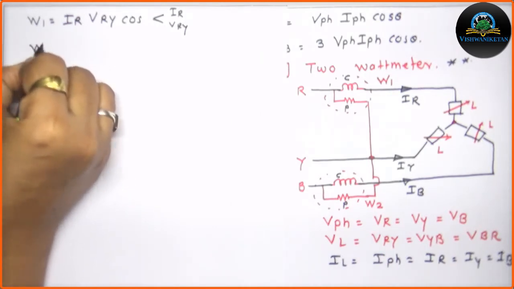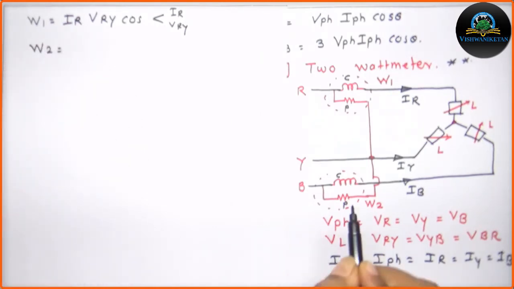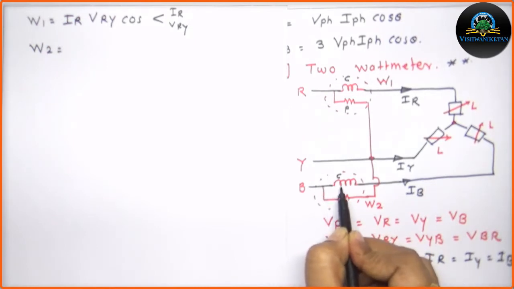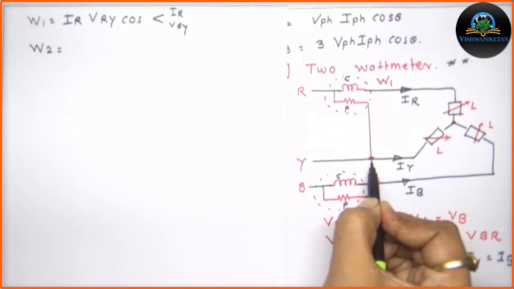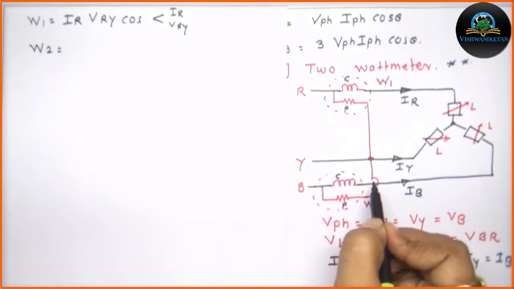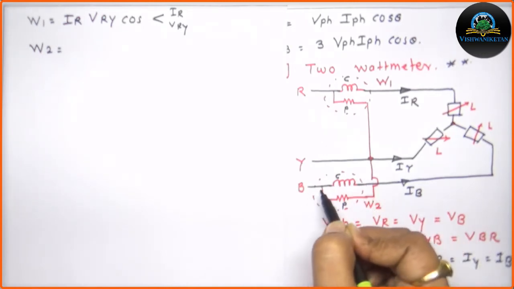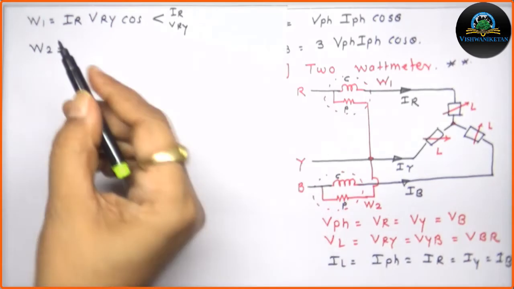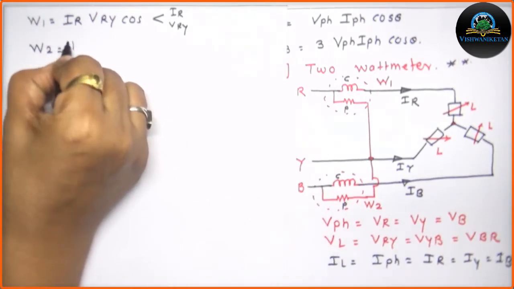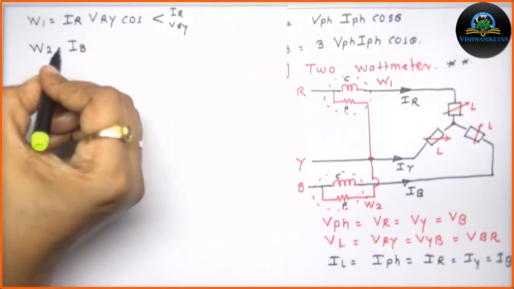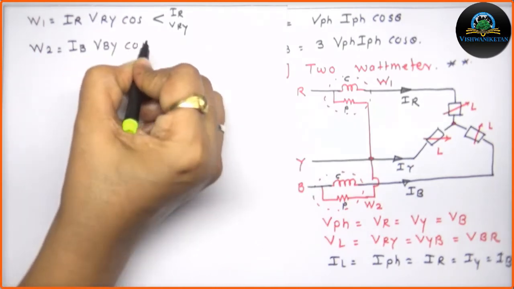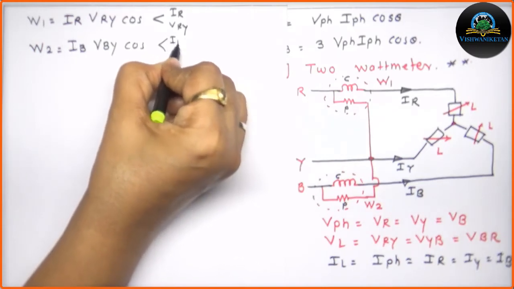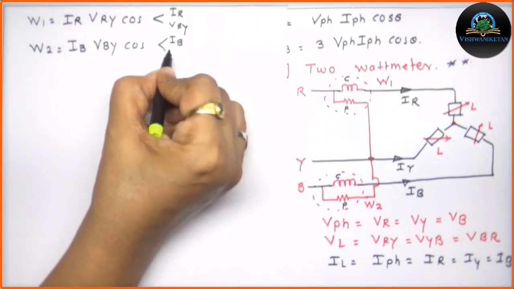Similarly, for W2, you can check that the current coil is connected to the phase B and the pressure coil is connected between B and Y. So it is going to measure the current IB and the voltage between B and Y. So it will be IB, the voltage is VBY and the angle is between IB and VBY.